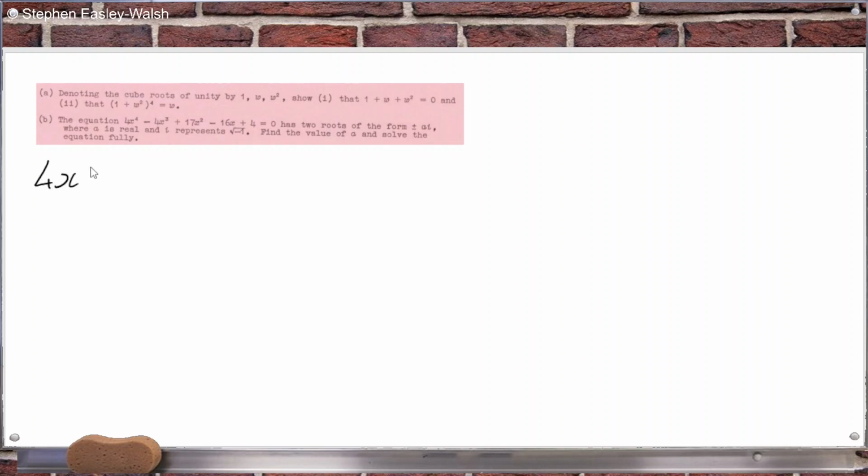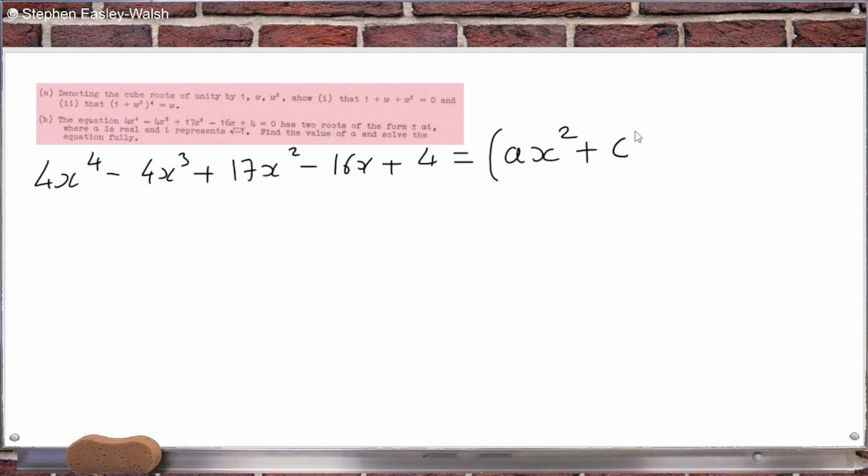So it could be the case that you have it like this: squared minus 16x plus 4. That is going to be a quadratic with no b in it. So that's ax squared plus no b plus c.